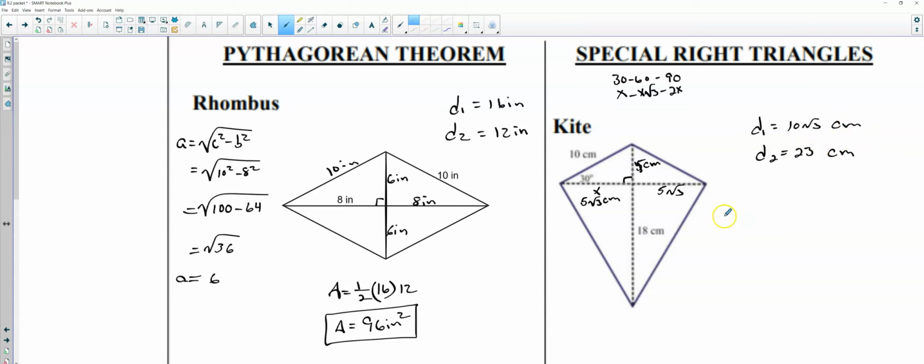So go to it. 1/2 of 10 square root of 3 times 23. Half of 10 is 5 square root of 3 times 23.